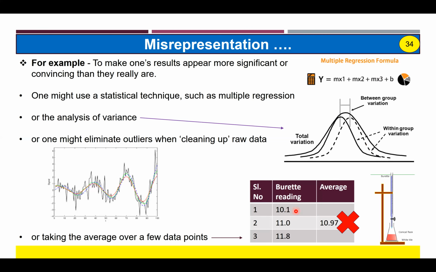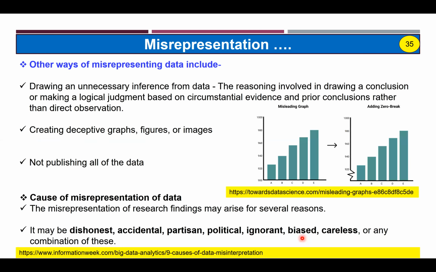Then only I accept your data. Otherwise, if somebody puts in this kind of figure, I will not have a chance to judge how good a hand the student has, right? That's called the precision level. So if somebody takes the average of this kind of widely varying data, then also you talk about it as a misrepresentation of the data.